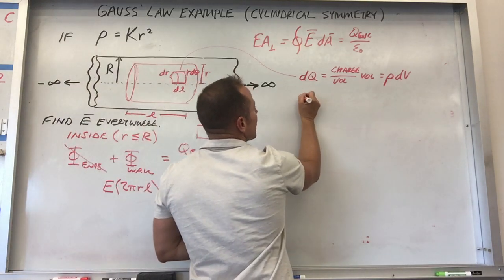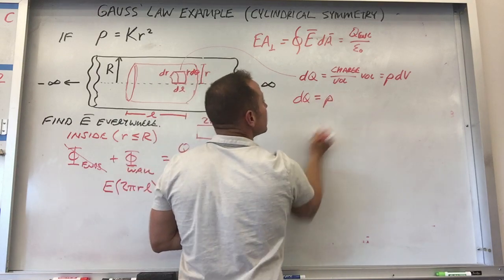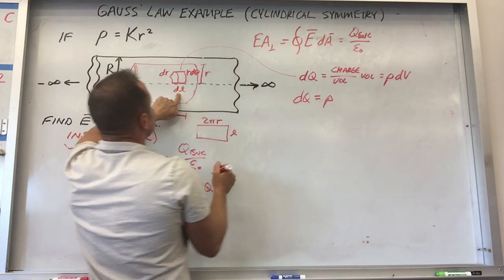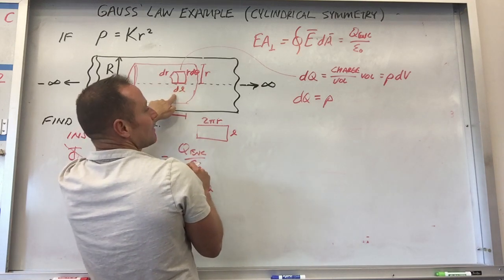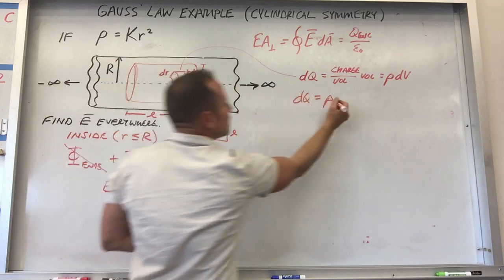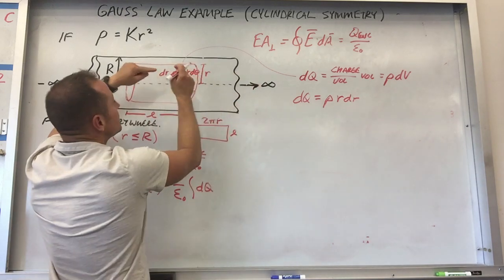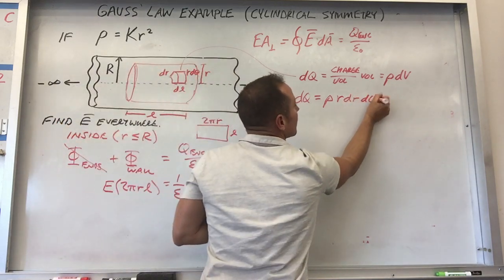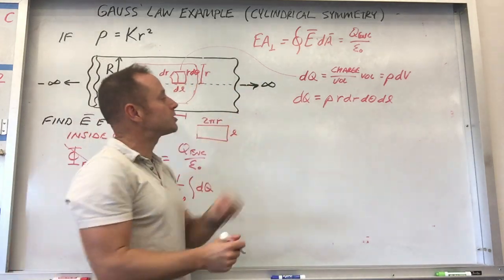What we've got so far is dq equals charge density times the product of these 3 things, r d theta, dr, and dl. Just for style, people usually group the like variables together, so I'm going to say r dr d theta dl. Okay, so that's our little chunk of charge.